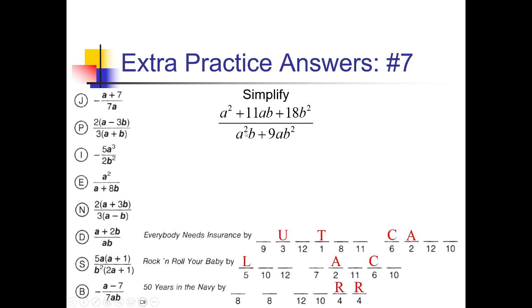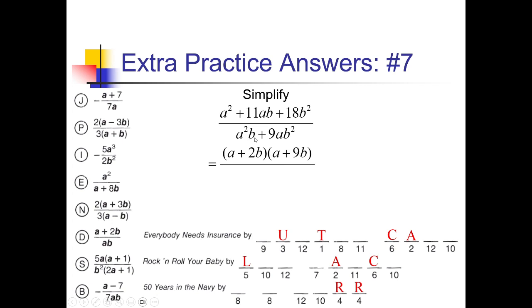I am going to take some common factors out of my denominator. So numerator, we need numbers that multiply to 18 and add up to 11. 1 and 18 doesn't work, but 2 and 9 does if they're both positive. So a plus 2, and I need a b in there as well to get this b squared at the end. And then I'll have a plus 9b.